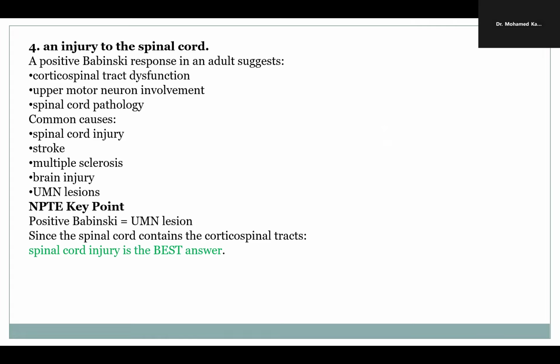So for the sake of the exam, we need to identify that a positive Babinski sign means upper motor neuron lesion. This is the best answer, as the spinal cord is part of the central nervous system and also contains the corticospinal tract.